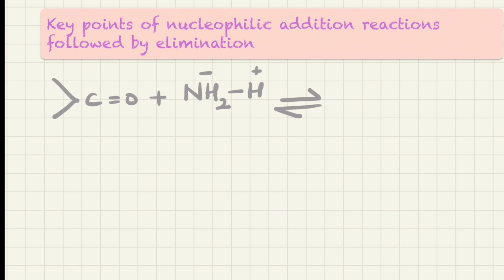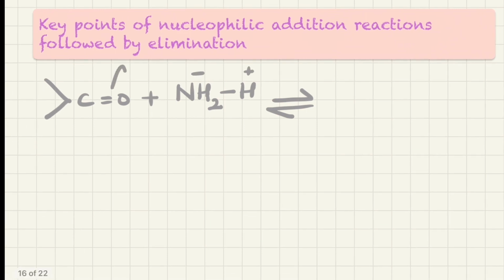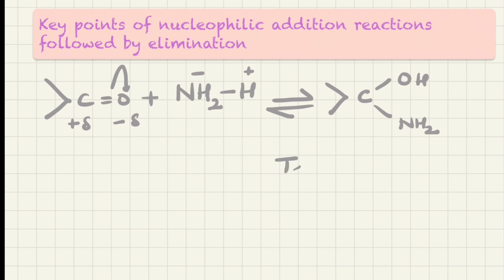This is the electrophilic part, nucleophilic part, partial negative and partial positive charge. So what actually happens is, you have at O you have H, and at C you have the nucleophilic part NH2. Now this is the tetrahedral adduct. Now here what happens is, in presence of acidic medium, it removes water.